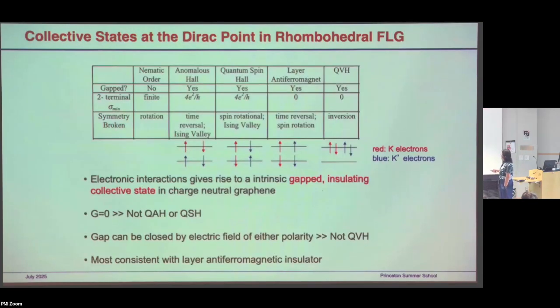We think this is a layer antiferromagnetic state, which is basically the spins on the two surface layers, top layer and bottom layer, are oppositely spin polarized, so that each layer has the same value, so there's valley polarized, spin polarized on each layer. Okay, and this gave a gapped insulating state.